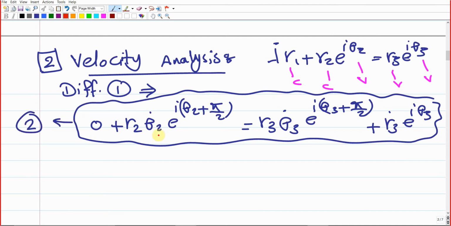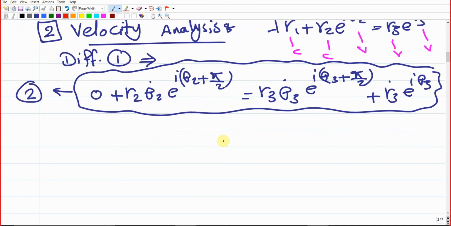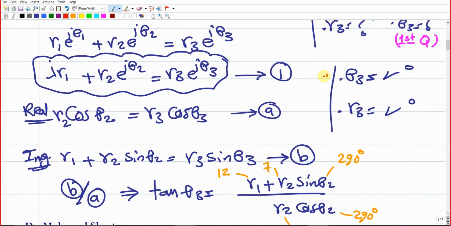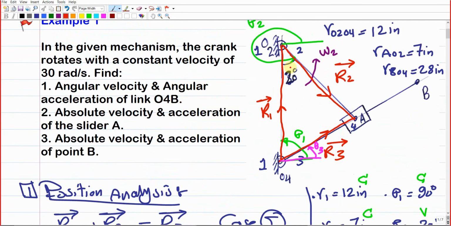In the meanwhile, before you move further, let us investigate the directions of these components of the velocity, right? So the first term, which is R2, it means that it belongs to this length R2. And as you can see, the length R2 here is just giving rotation.